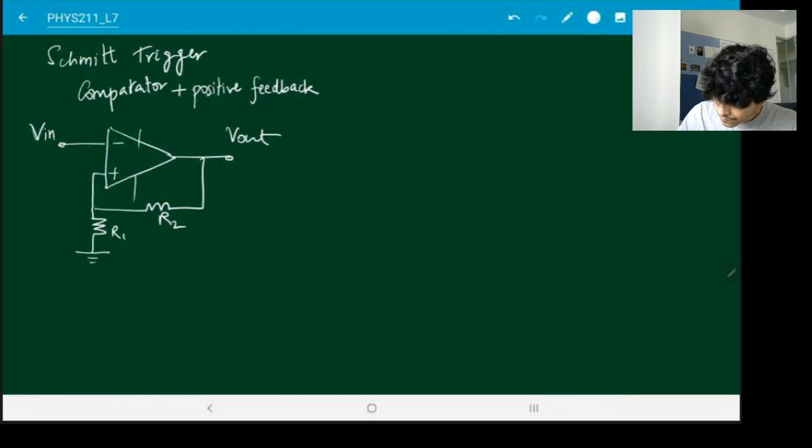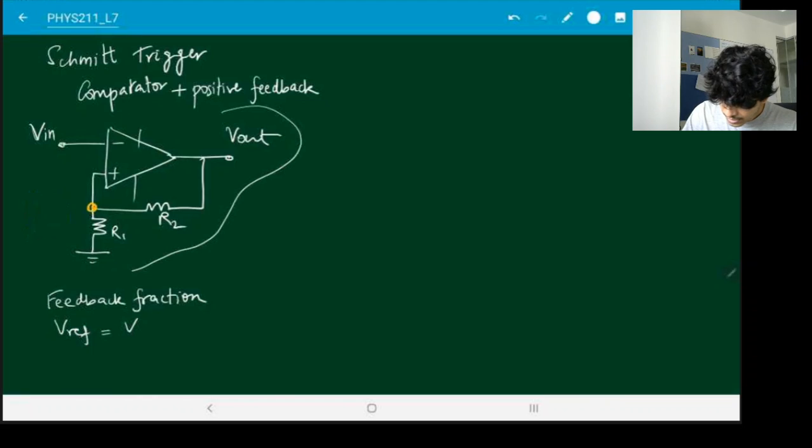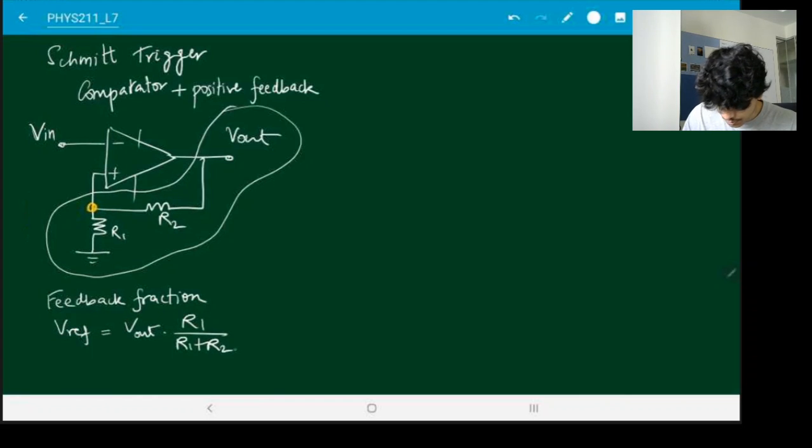So now you see this reference voltage over here is, well, before I do that, because there is a feedback, I can define what is called the feedback fraction. So Vref is just, because if you look at this circuit over here, this is just a voltage divider. So Vref is Vout times R1 divided by R1 plus R2.